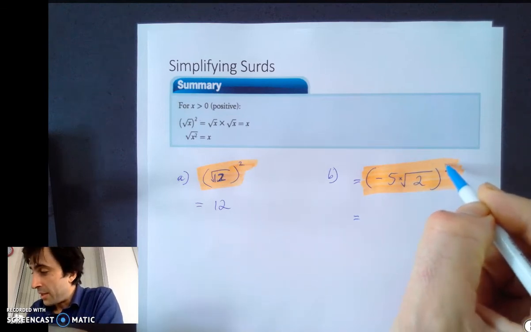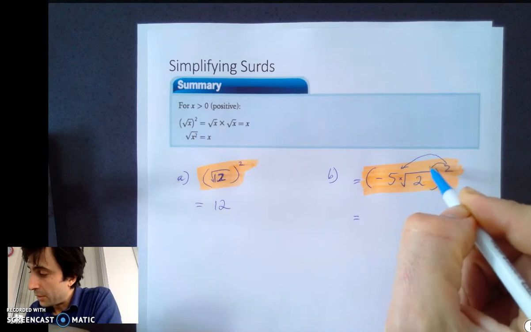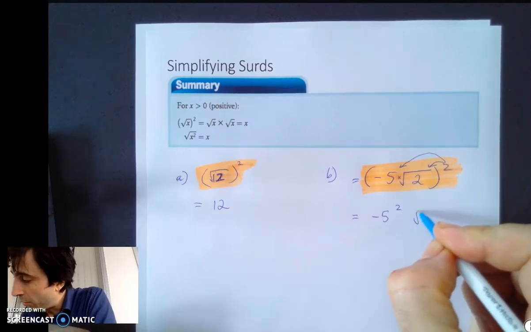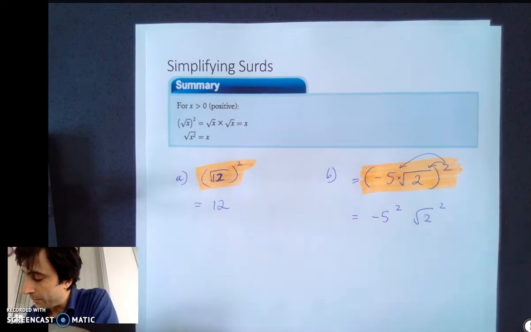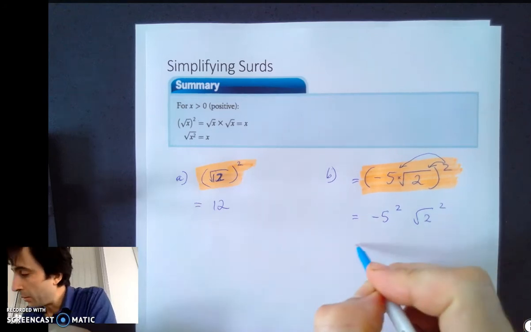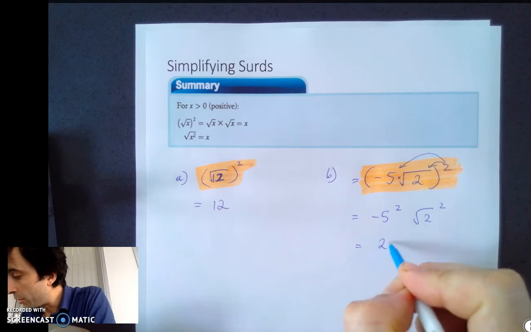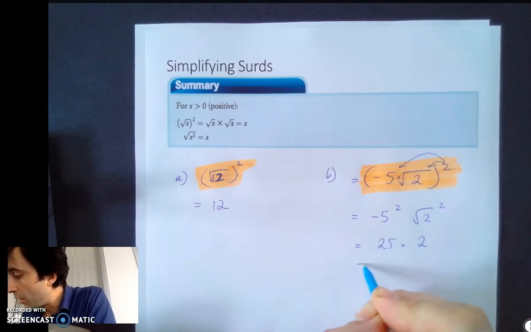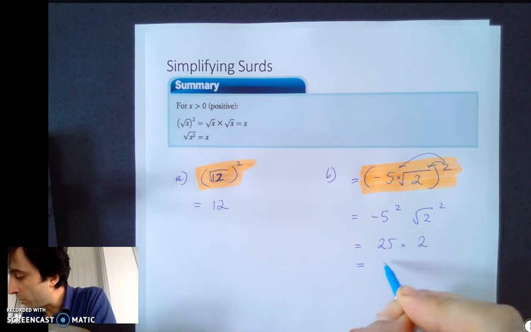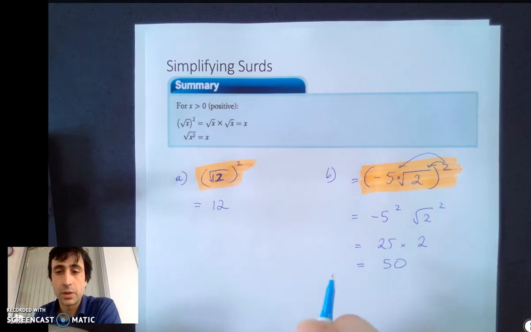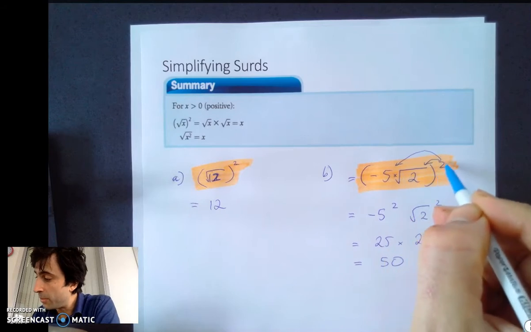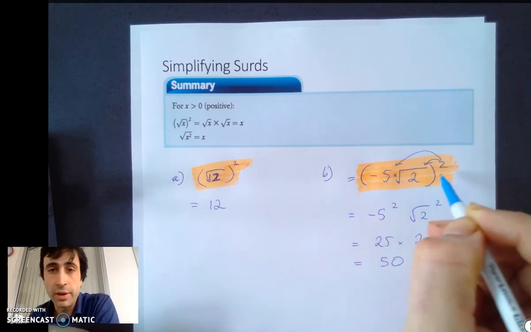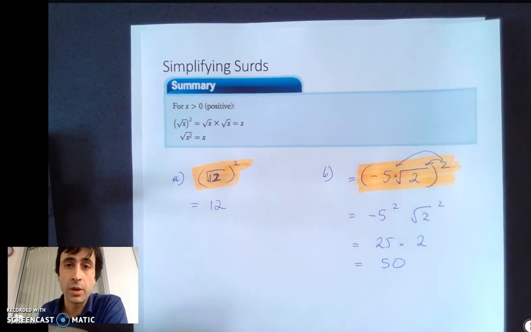And so that means that's the same as saying negative 5 squared root 2 squared, which is negative 5 squared is 25 times root 2 squared is 2, and therefore 25 times 2 is 50. So here we need to remember to make sure we square all of the numbers, including the whole numbers in front of the surds.